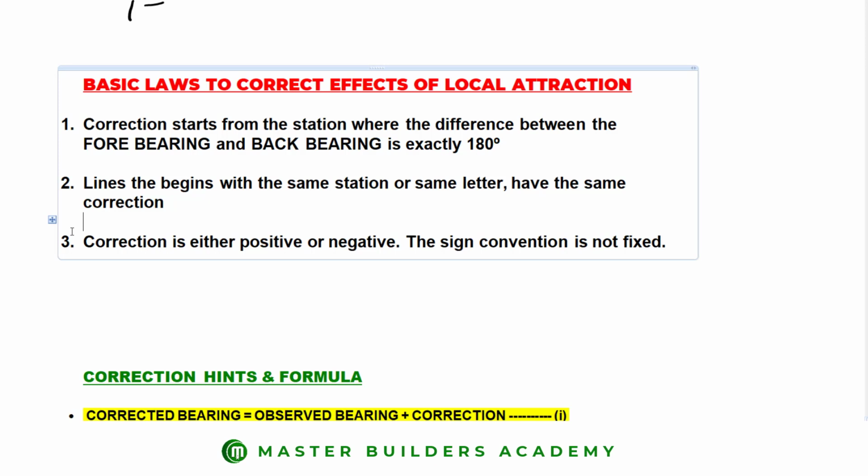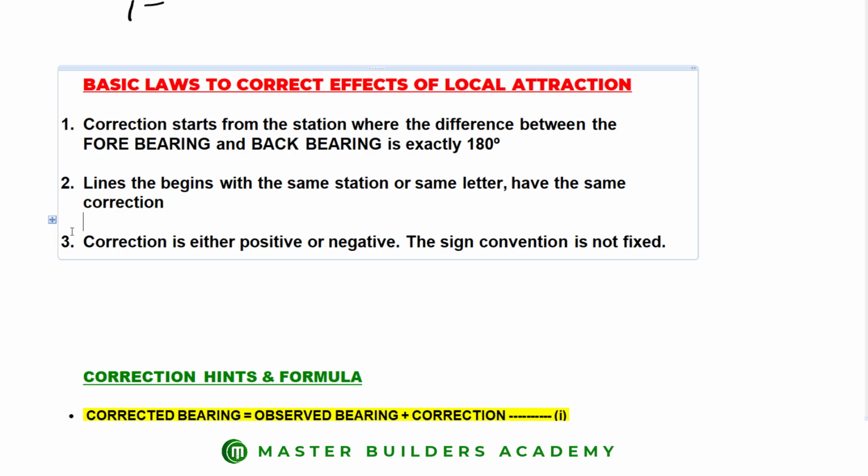There will never be correction if you are not able to trace the particular station where there is no correction. So when you are given a series of values, the first thing you look for is a station where the difference between the forebearing and the back bearing is exactly 180. And the correction at that point is 0 degrees.